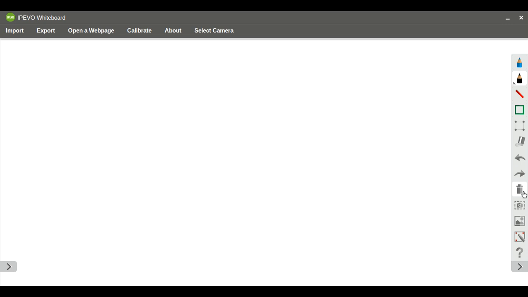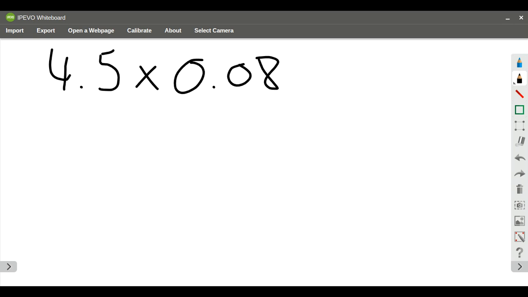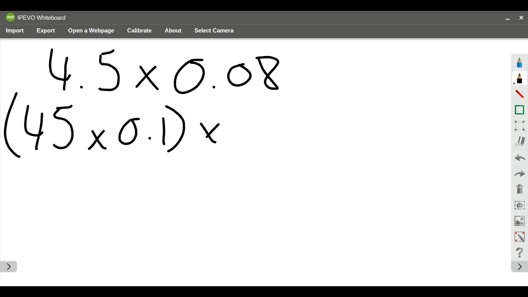All right. The last problem that we're going to take a look at is 4 and a half multiplied by 8 hundredths. Okay, so I'm going to go ahead and pull out my place values. So I have 45 multiplied by 1/10 multiplied by 8 times 1/100th.